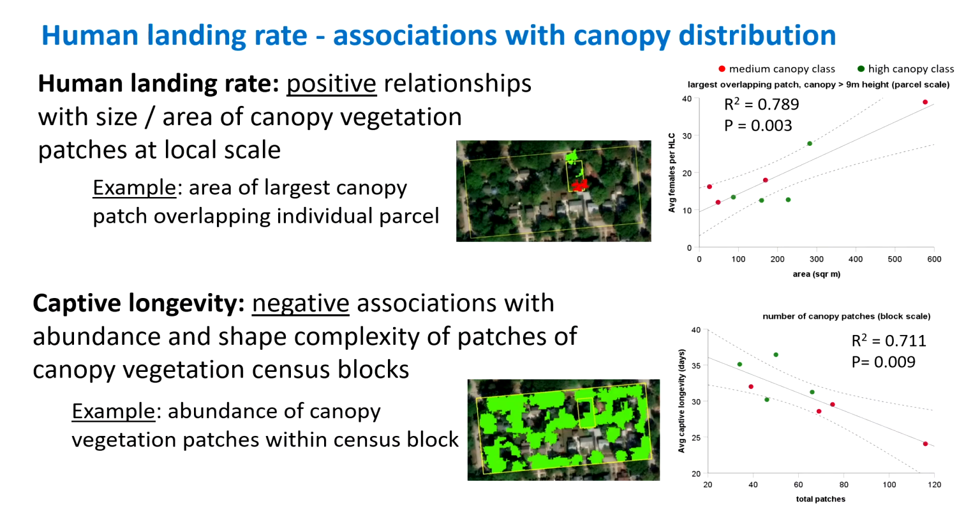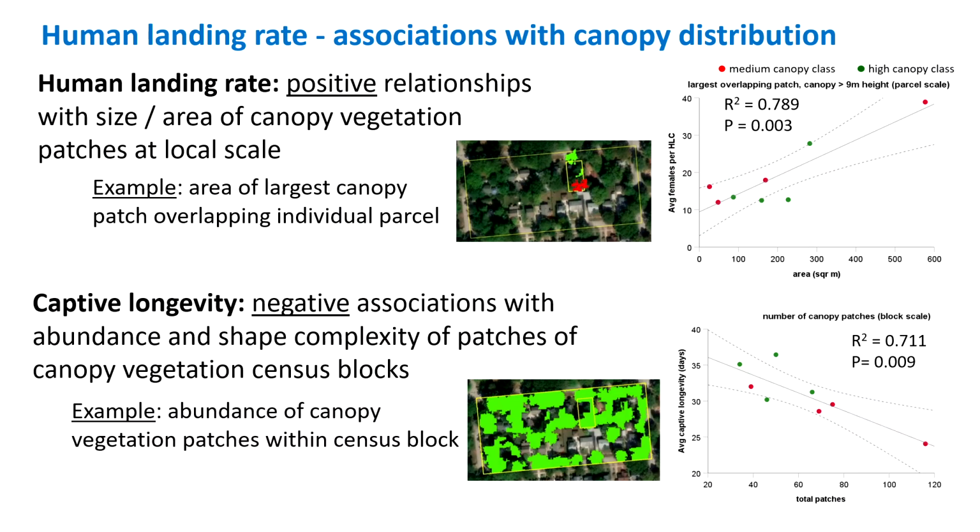Similarly, with captive longevity, we found that the number of patches of canopy at the neighborhood scale, so the surrounding census block, had a negative relationship to captive longevity, suggesting the inverse with mean population age, so associated with an older population.